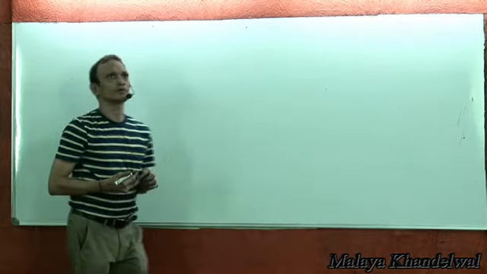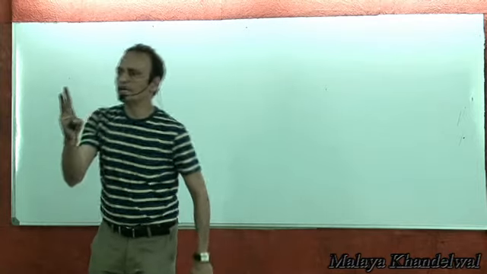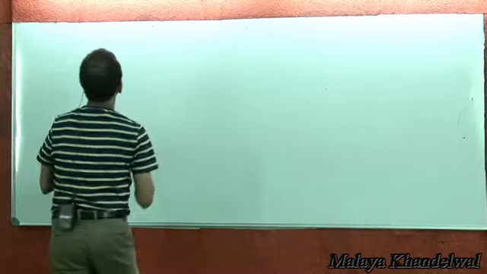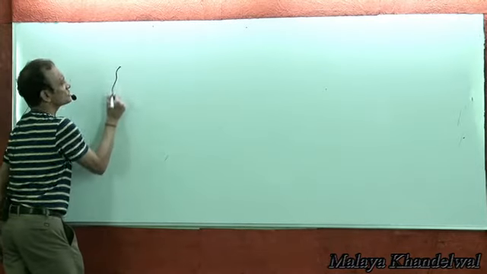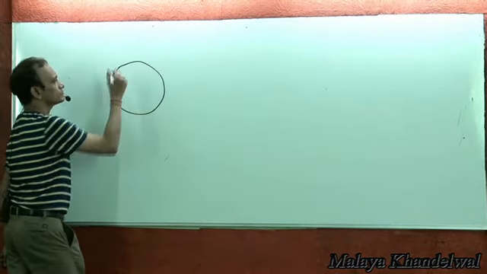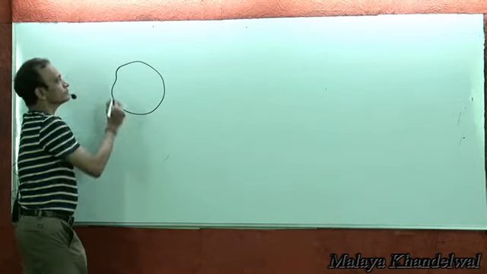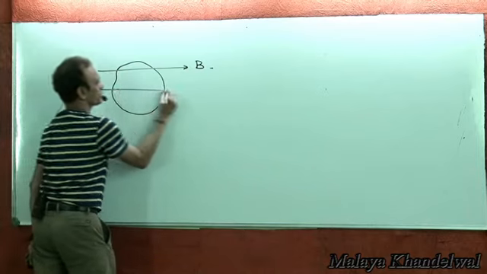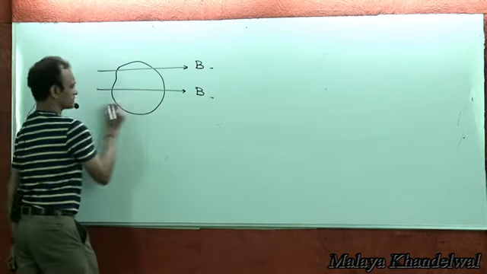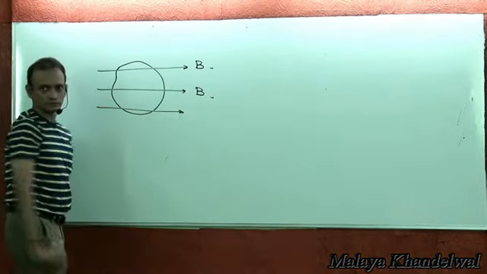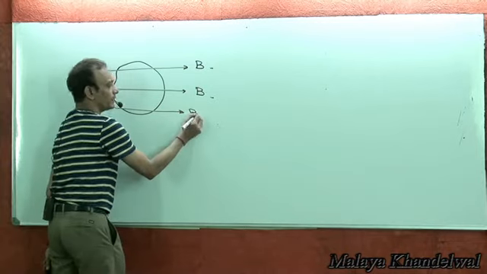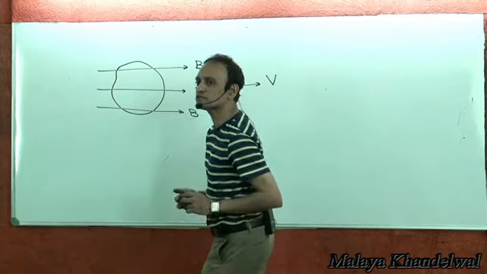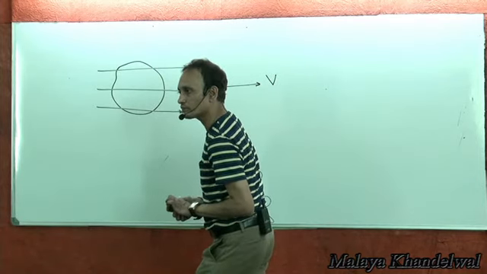See, two electrical elements that we have examined so far. Even before I do that, say there is a loop here, and it's exposed to a magnetic field B like this. And the loop is moved in this direction with a velocity v.